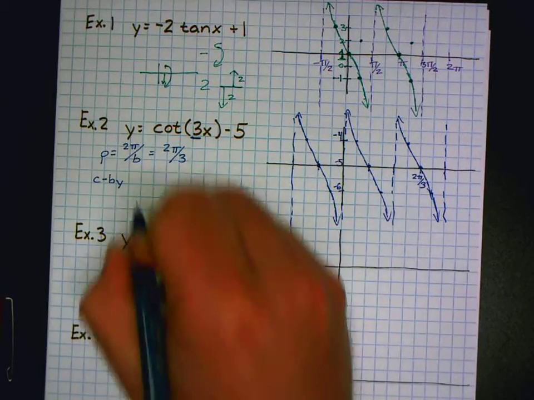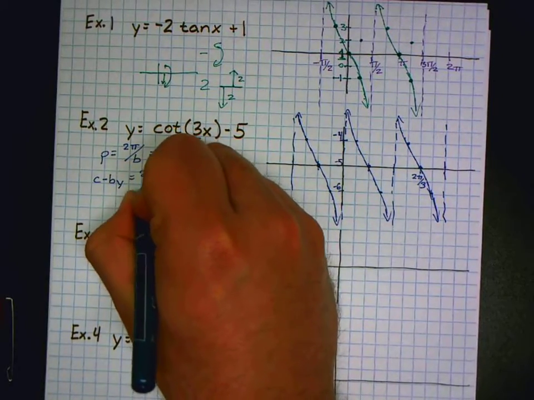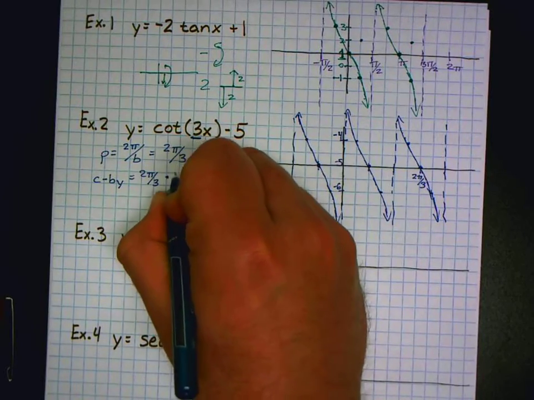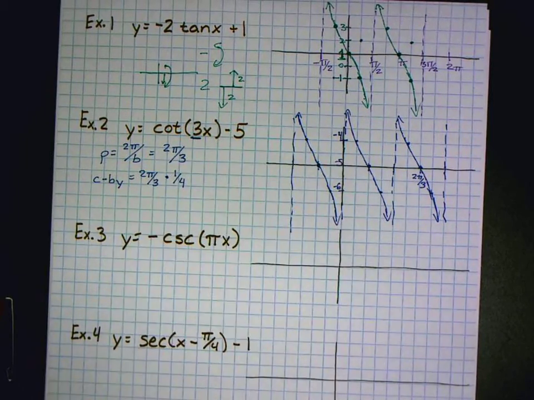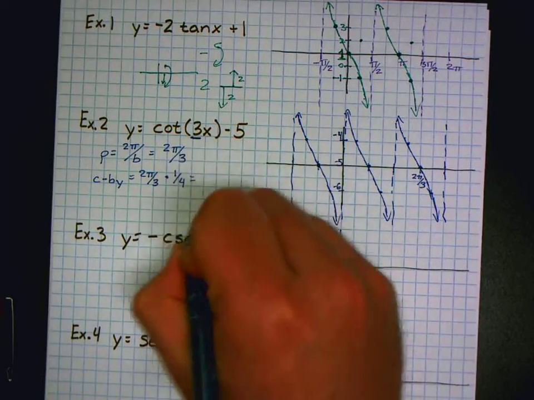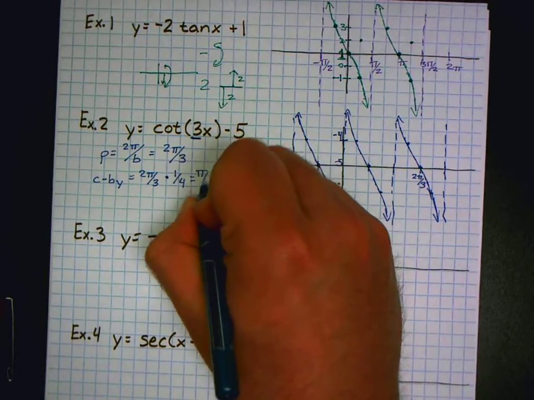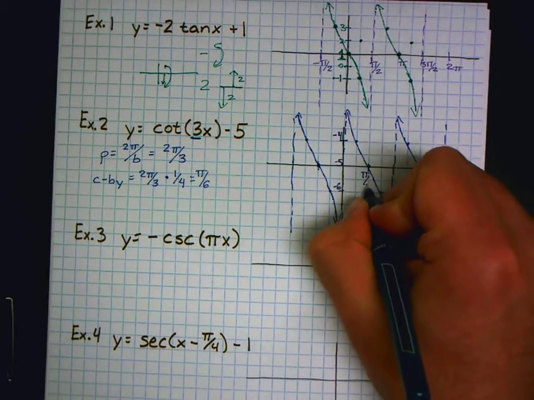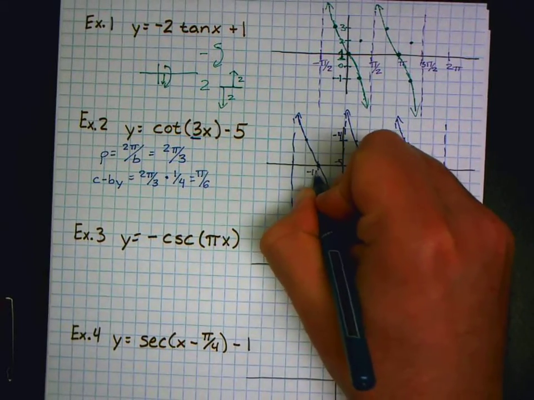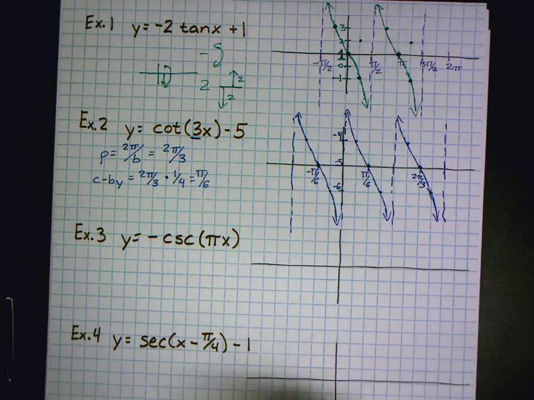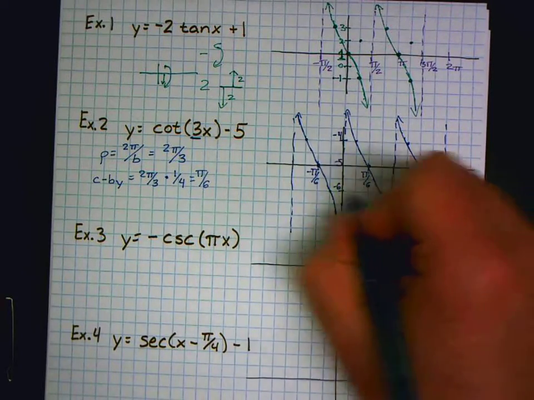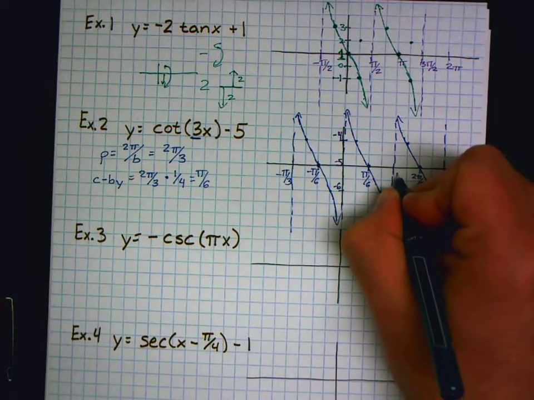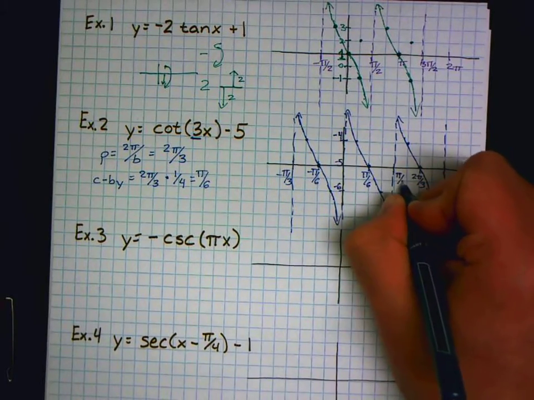To get my count by marks, I take that 2 pi over 3 and I divide that by 4, which is the same thing as taking it times 1/4. So that's going to be pi over 6. So this is pi over 6. This is negative pi over 6. It's going to be negative pi over 3, pi over 3.